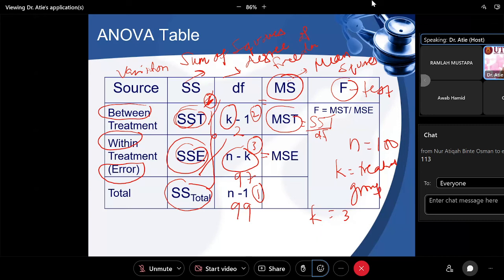And then for F, in order to get the value of F, this number MST is divided by MSC, and then you will get this value. Don't worry, I will give you an example with real numbers, so at least you can understand how all these values can be calculated.